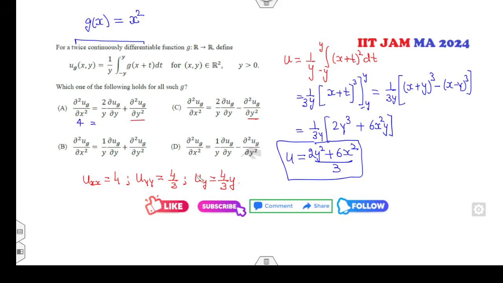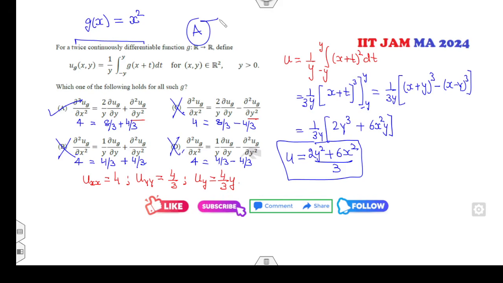For option one, 4, 2 over y, 8 over 3, fine, plus 4 over 3, 12 divided by 3 satisfied. For the next, 8 over 3 minus 4 over 3 not satisfied. For the next, it's a 1 over 3, that's 4 by 3 plus 4 by 3 which is not satisfied. For the last, 4 over 3 minus 4 over 3 not satisfied. A is the right answer of the problem.